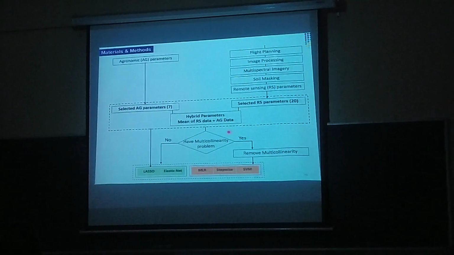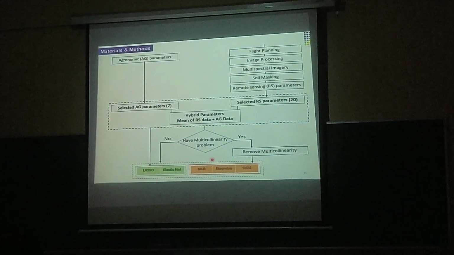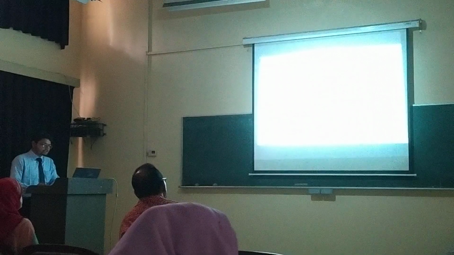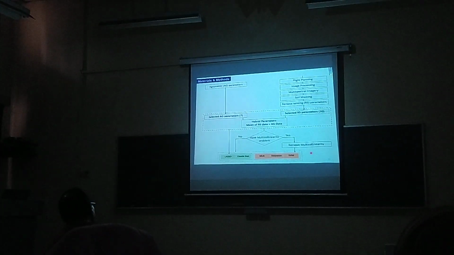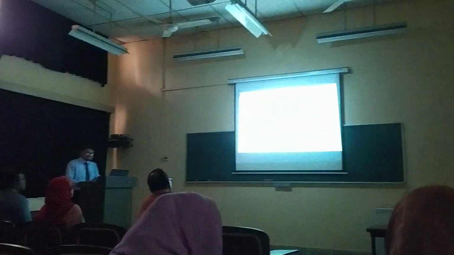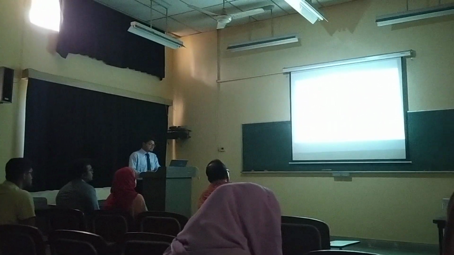We have removed the multicollinearity if needed and used it for modeling the multiple linear regression, stepwise and SVM, as they are sensitive to the multicollinearity. And if there is no multicollinearity problem, we can just use it in all models.